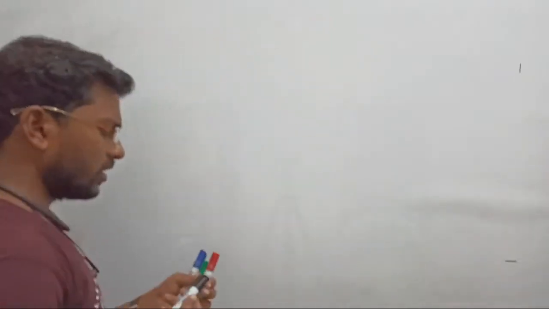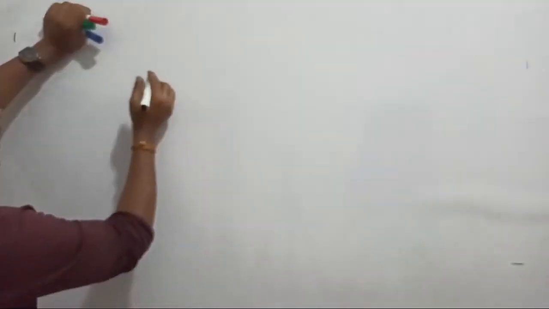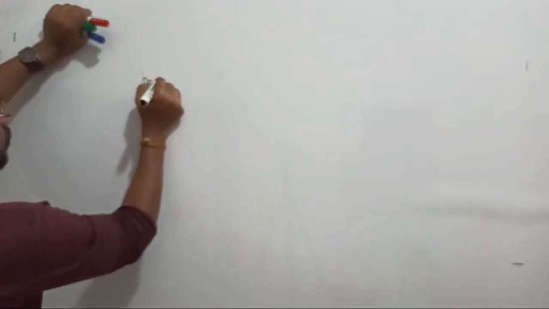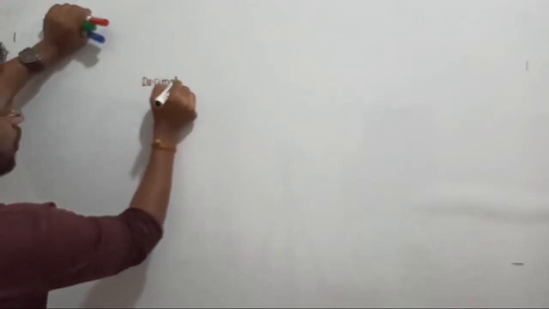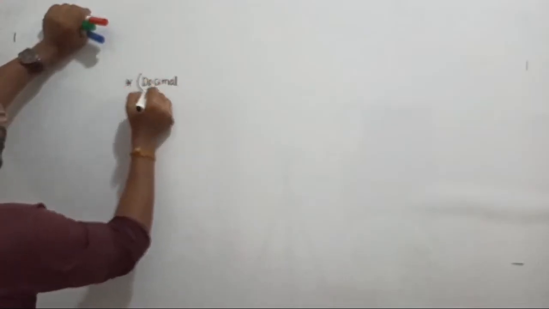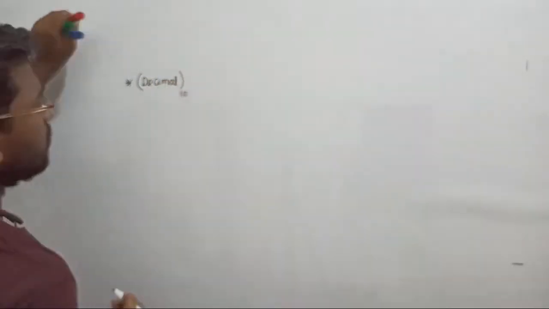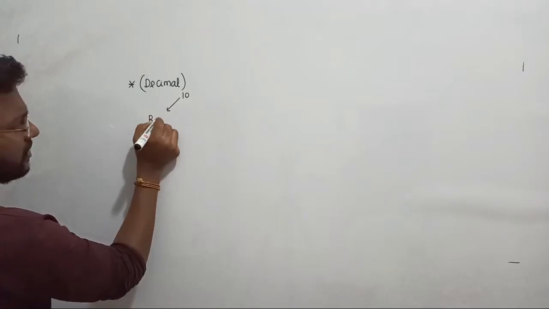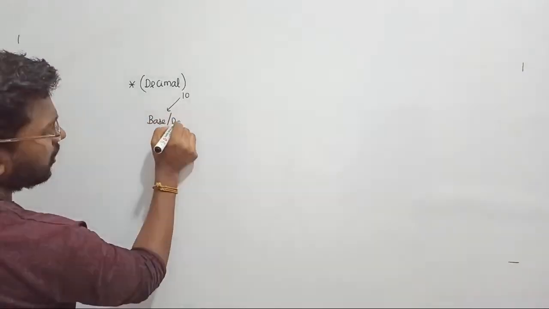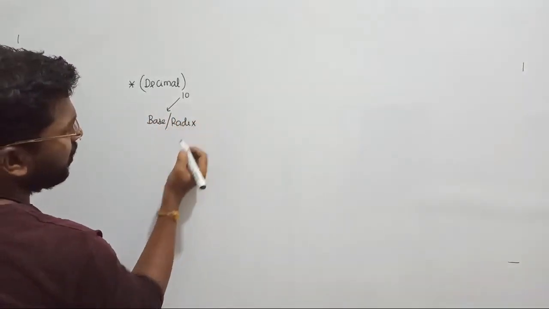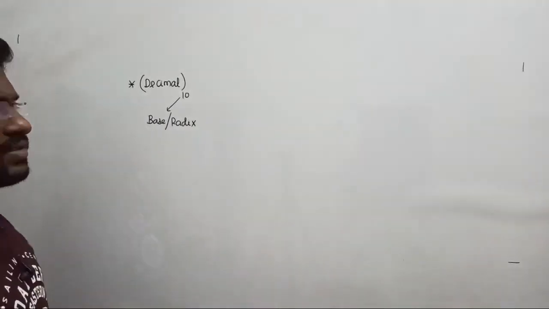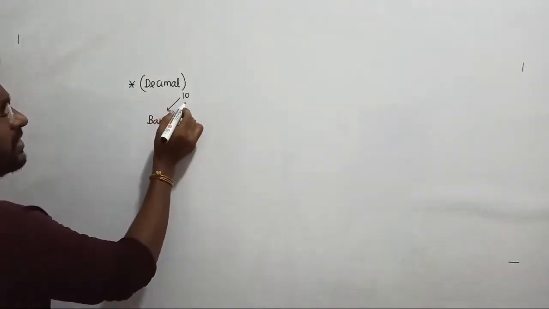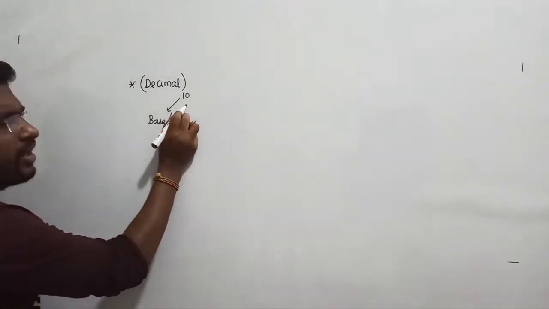So just listen, guys, decimal to any number, right? The first conversion we are going to look at is this: I have a decimal number and its radix is called 10, right? It is called the base number. Some people call it radix and some call it base. So in decimal we are going to consider totally 0 to 9 combinations.